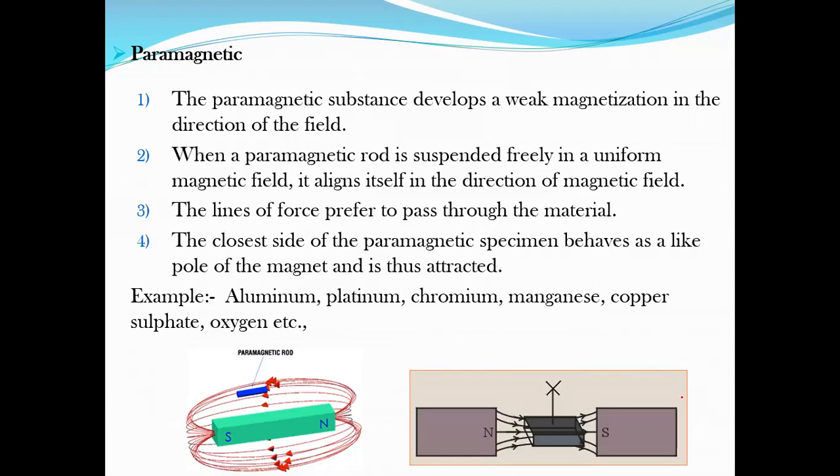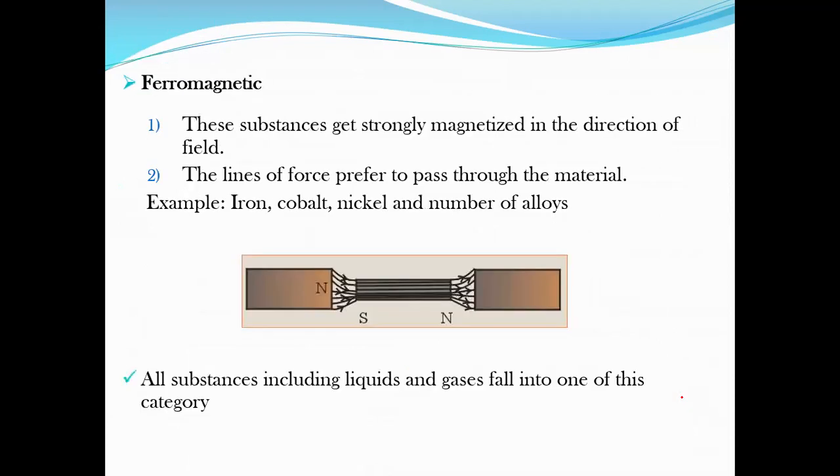The lines of force prefer to pass through the magnetic material. The closest side of the paramagnetic specimen behaves like an unlike pole of the magnet, and it is thus attracted. The examples are aluminium, platinum, chromium, manganese, copper sulfate, and oxygen. Those are paramagnetic materials.